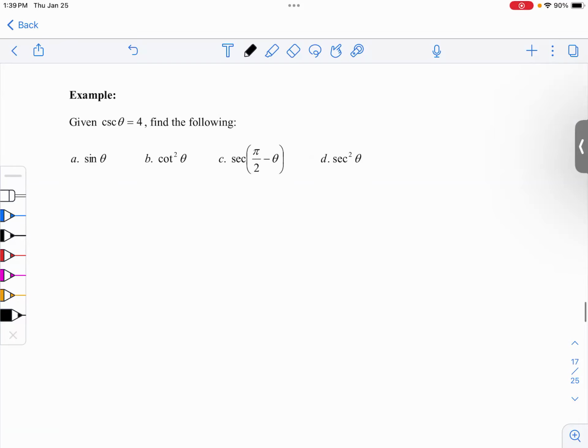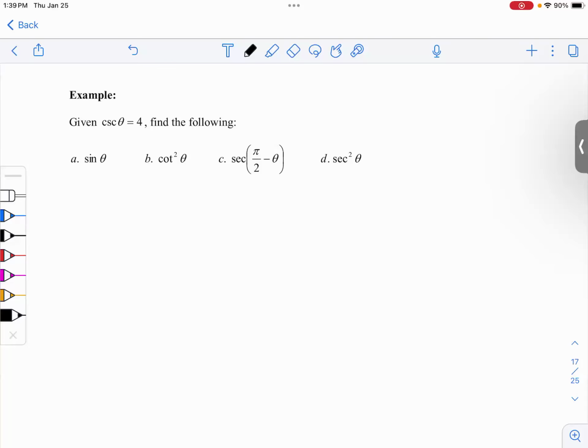All right. So once again, given cosecant of theta equals 4, I can find all kinds of different stuff using basically everything that we talked about today. So if I know cosecant of theta equals 4, how does cosecant relate to sine? Now we got to start digging into our bag of tricks.